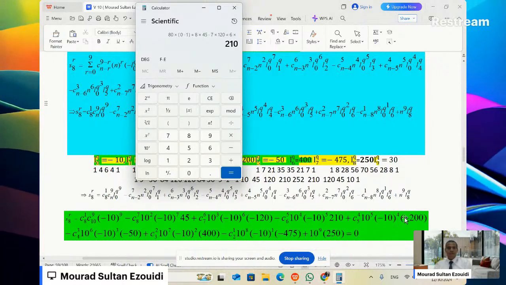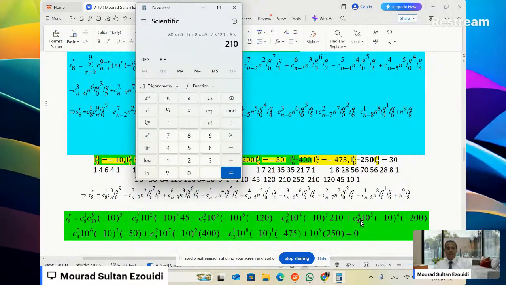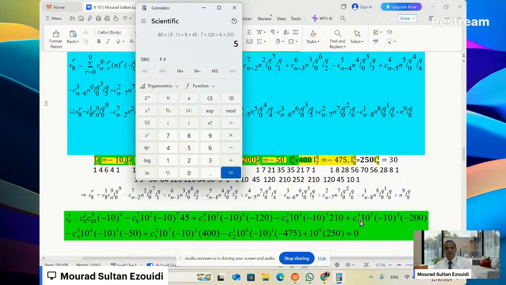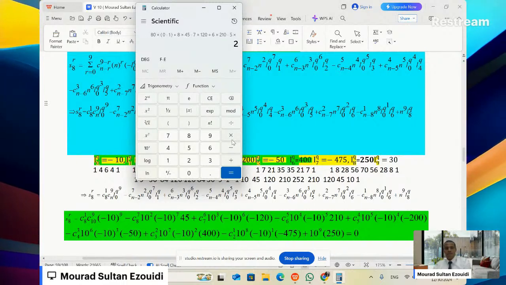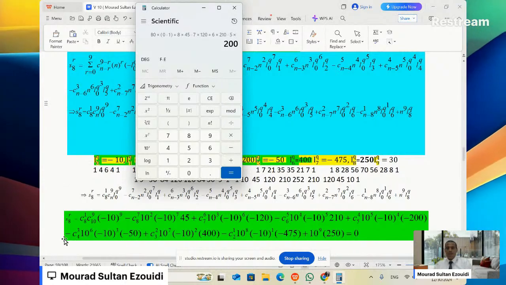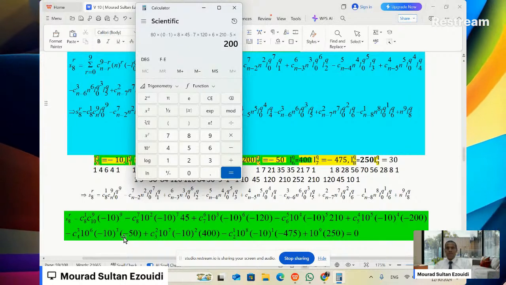Then minus by positive is minus. So just right here minus. Minus what? 5 multiplied by 200. Then minus by minus is negative.